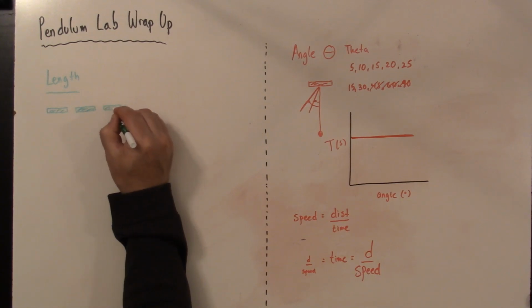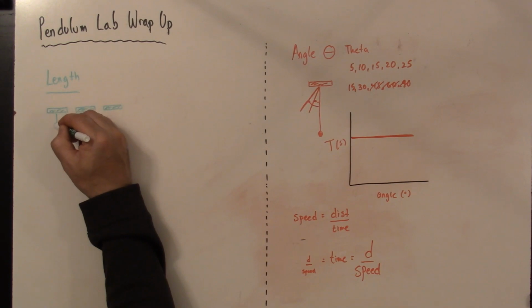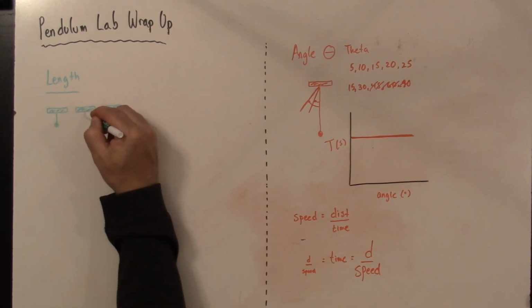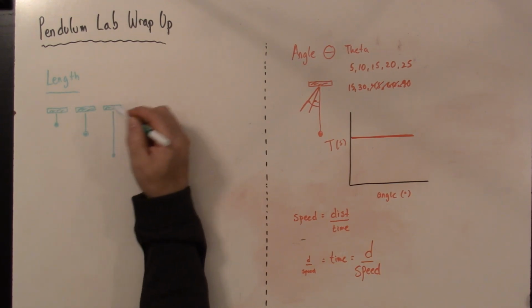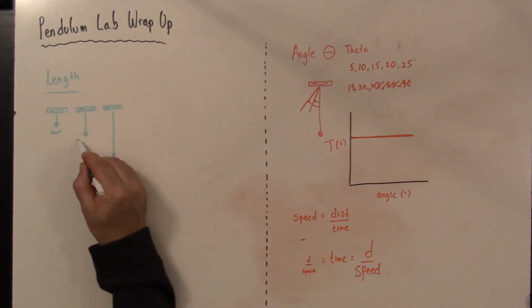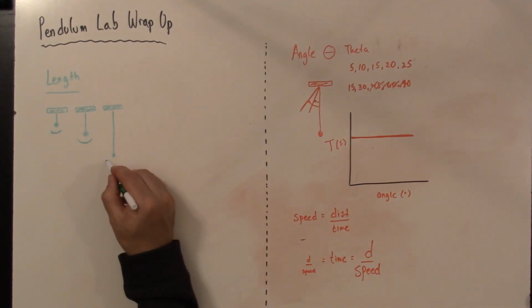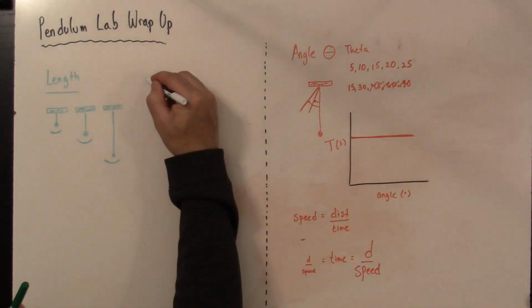And I think you could even just take a piece of string and do the same thing, because if you take a small pendulum or a medium-sized pendulum or a large pendulum, we can see that this one goes back and forth in a short time, this one goes back and forth in a medium time, and this one is going to take much longer to go back and forth. So when you graph this one, you get an interesting result, and this is a result that I need you to pay attention to.